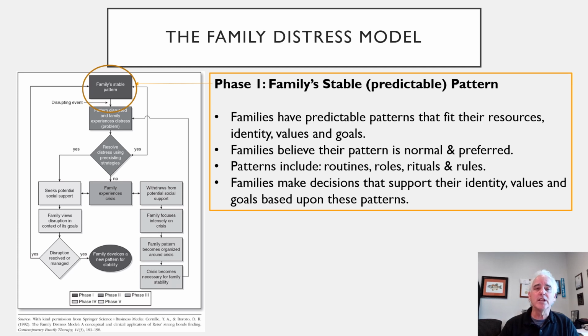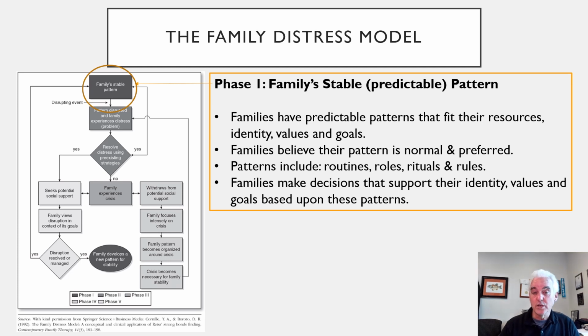Now these patterns can include things like their routines. What happens when parents come home from work or when they go to work? How do you get the kids ready for school, how do you handle medical visits with the kids, those kinds of things, right? When do you go to church on Sunday, if you go to church, or how do you celebrate birthdays?